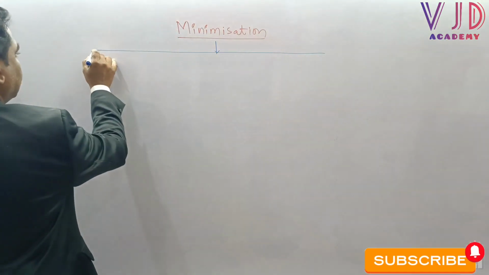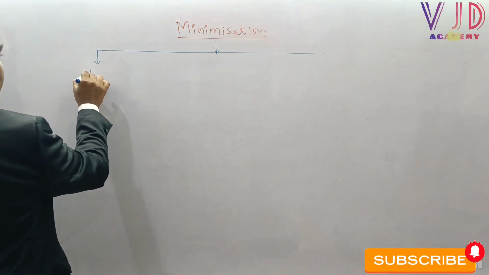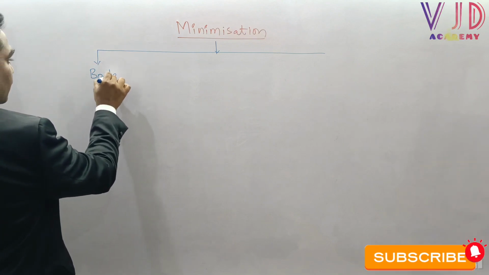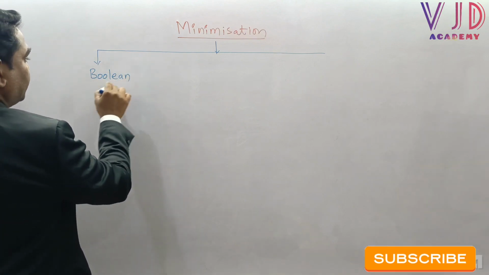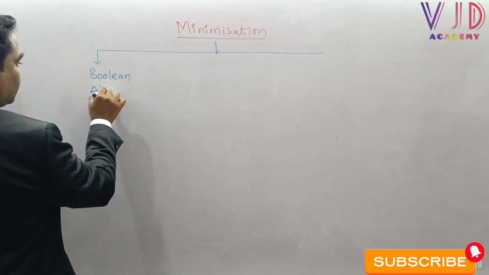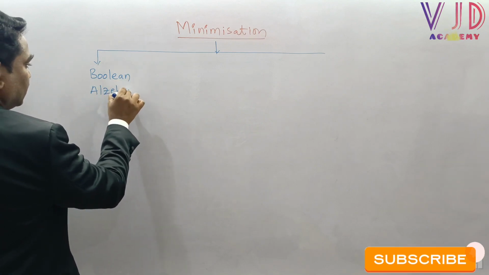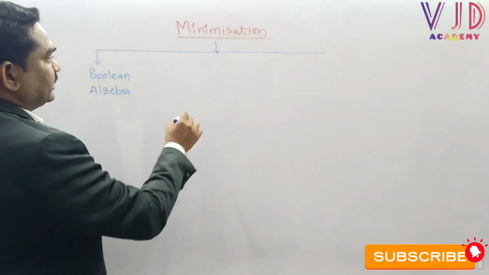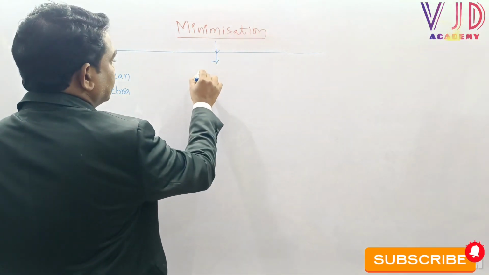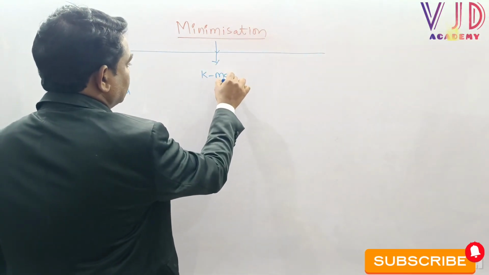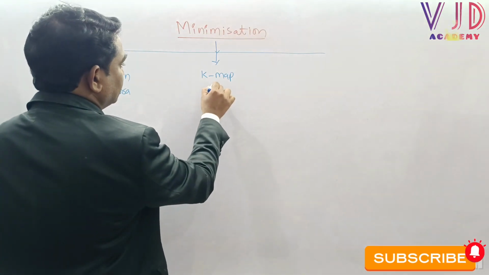First one is Boolean algebra. Then the second method is K-map.